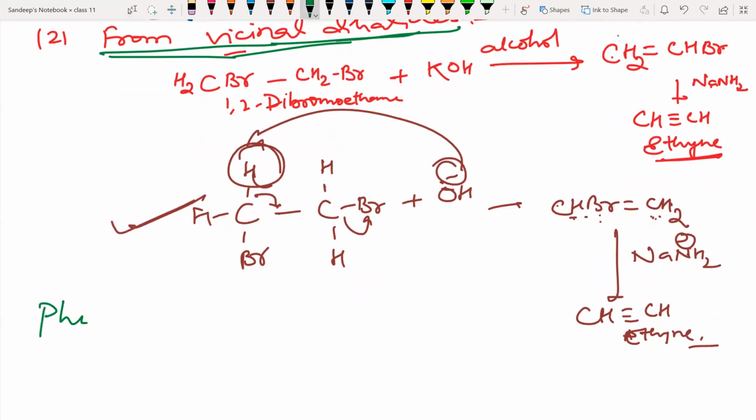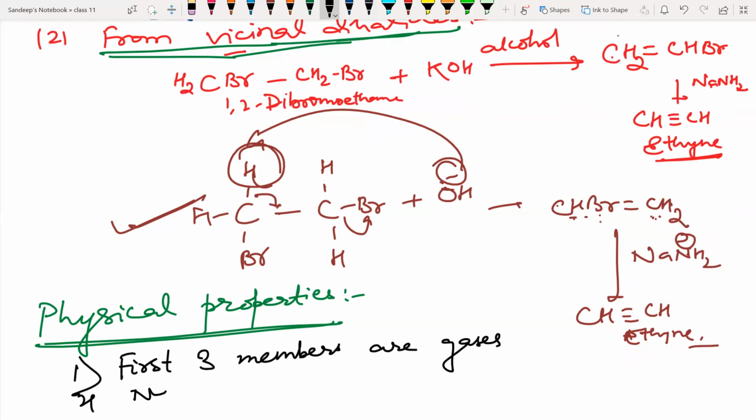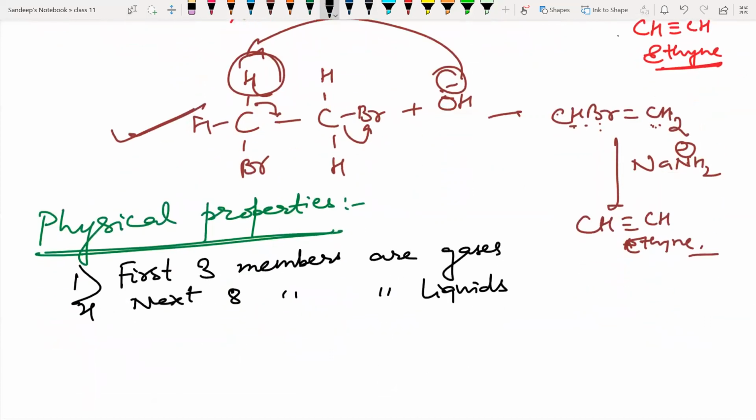Now we will discuss physical properties. So the first three members are gases. The next 8 members are liquids. Higher members are solids.